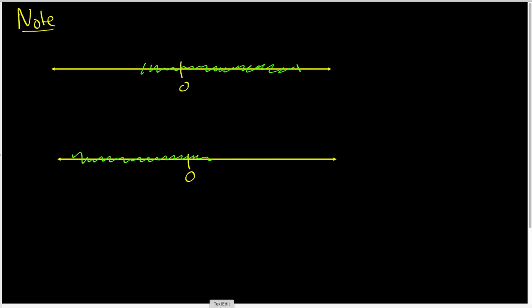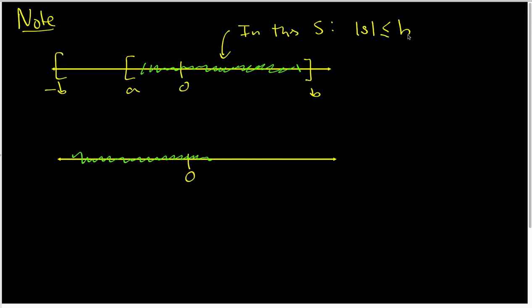Now, what I want to notice in both of these is the following idea. Sure, I can find the interval from A to B there, but minus B would come down here. And in this first set S, every little s has absolute value less than or equal to b. This is true for all little s inside set S.